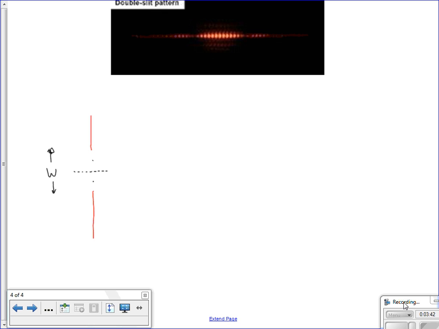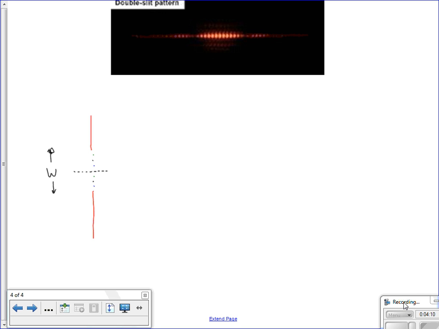Within this single slit, those two locations act like two sources for two-source interference. Furthermore, there are an infinite number of other locations that are half a slit width apart. The green ones are half a slit width apart, the blue ones are half a slit width apart, the black ones are half a slit width apart.